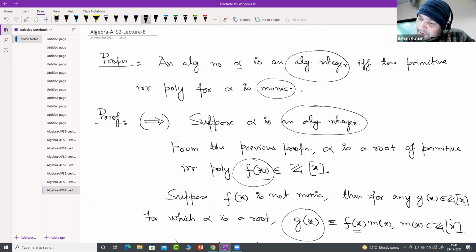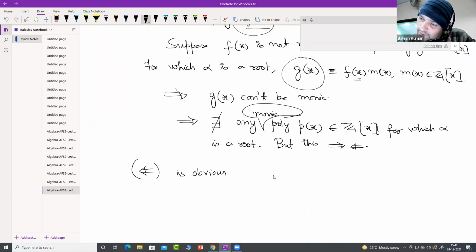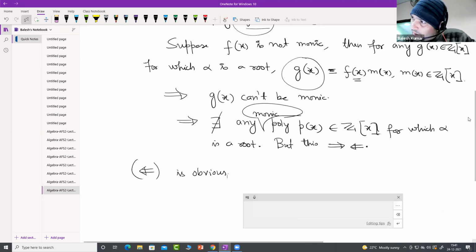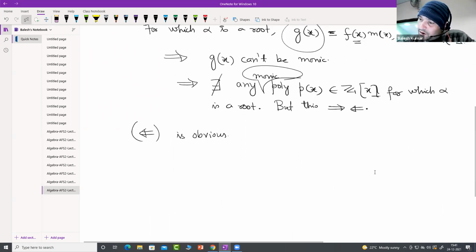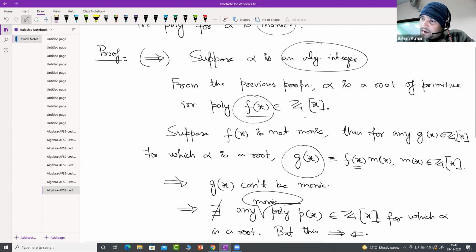So this gives a criterion: an algebraic number is an algebraic integer provided one is able to find the primitive irreducible polynomial for alpha. This is exactly what the proposition says.